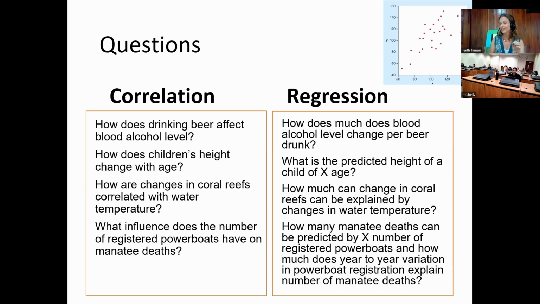And with regression, you could ask, how many manatee deaths can be predicted by X number of registered powerboats? And how much does year-to-year variation in powerboat registration explain the number of manatee deaths? So right away, you can start to see that correlation gives you a really neat way of asking questions, but with regression, you can get a lot more information.